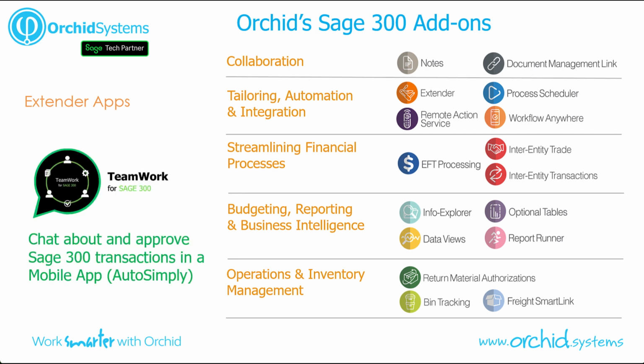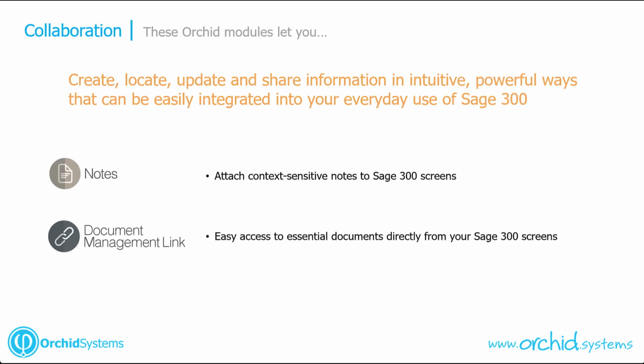For example, our new Teamwork app, which is an integration piece written in Extender to integrate AC Chat with Notes and Extender workflows. Firstly, in the collaboration space, Notes and Document Management Link allow you to attach context-sensitive notes and documents to any Sage 300 screen.